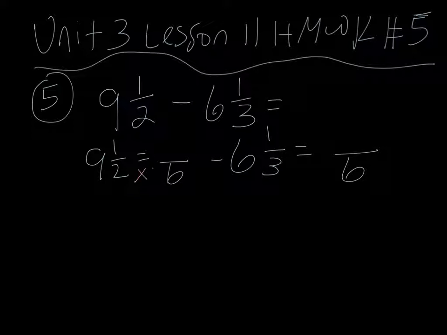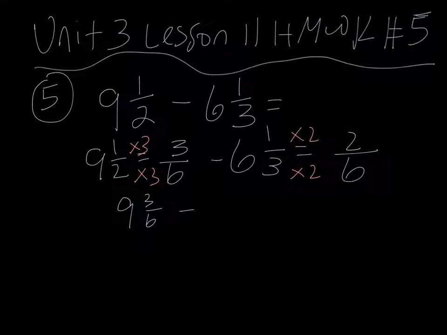I'm going to multiply by 3 here and by 2 here. Top-bottom rule, whatever you do to the bottom, you do to the top. After I do my multiplication, this becomes 9 3/6, and this becomes 6 2/6. So now when I rewrite the problem, I have 9 3/6 minus 6 2/6.